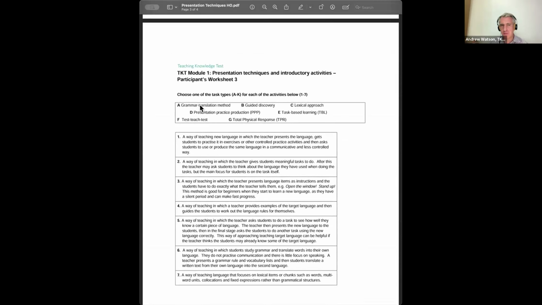So grammar translation method. Does anyone have an idea of how the grammar translation method works? Anyone explain? Maybe you're not at all familiar with that method of presenting language. It's kind of old-fashioned.